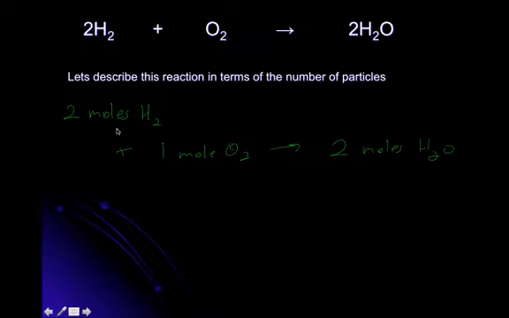Then we can convert our moles to mass or liters or whatever we need to work those problems out. So that's our new interpretation of these numbers: these coefficients represent the number of moles. They are the mole ratio, 2 moles to 1 mole, 1 mole here to 2 moles over here.